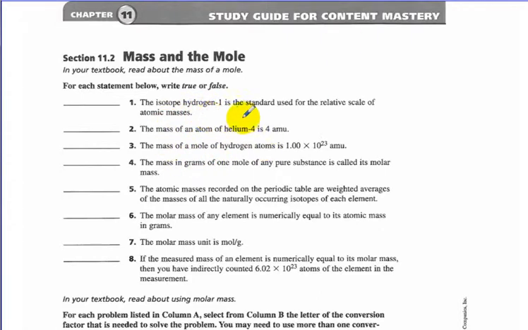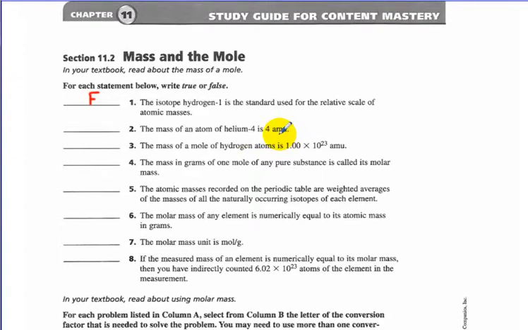So the isotope hydrogen-1 is used as a standard for a relative scale of atomic masses. If you recall in the 11.2 booklet, carbon was the standard that is used, so that is in fact false. The mass of an atom of helium is 4 AMU, 4 atomic mass units.